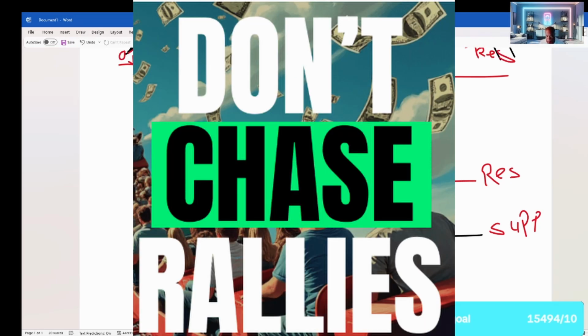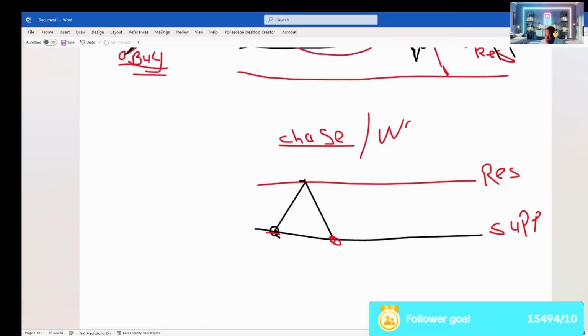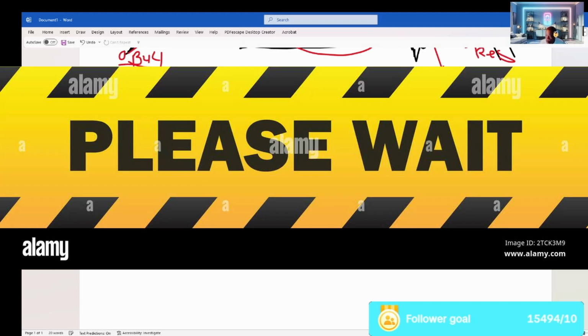That's the way the stock market works. You don't chase it. Never, ever chase. Don't chase the stock. You have to wait. You need to have those three things. You don't chase. You have to wait.